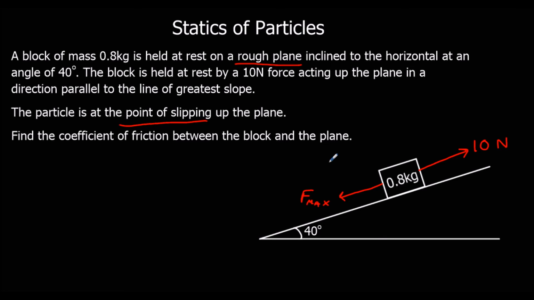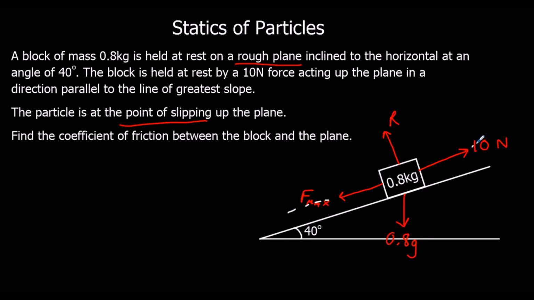What other forces do we have acting on our block? We have its weight acting vertically down, which will be 0.8 g, the mass times acceleration due to gravity. And we've got the normal reaction, which acts perpendicular to the plane.